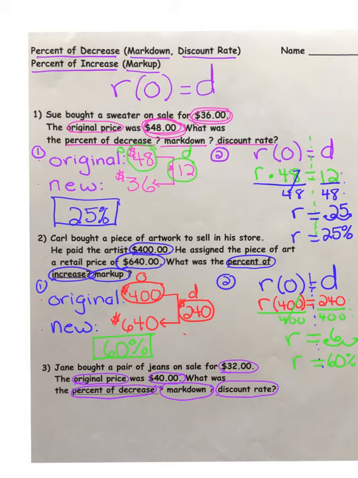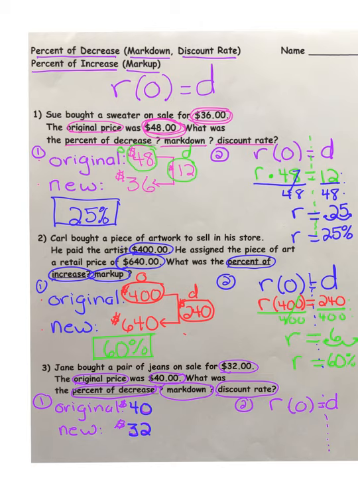Well, let's use our two-step process to figure it out. Here we go. Remember, the original price occurs first, and that's the $40 we would have paid without the item going on sale. But then, later, the item does go on sale.